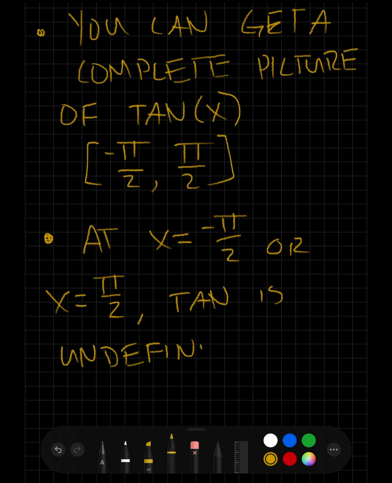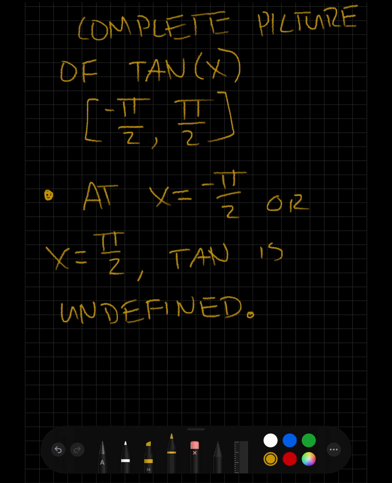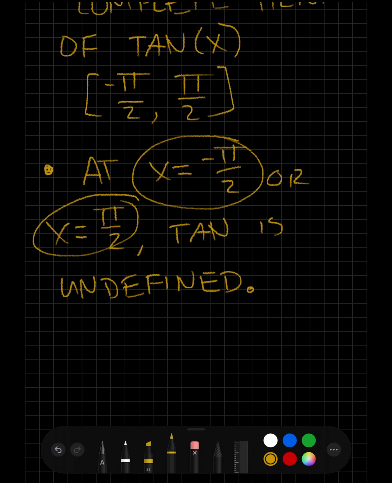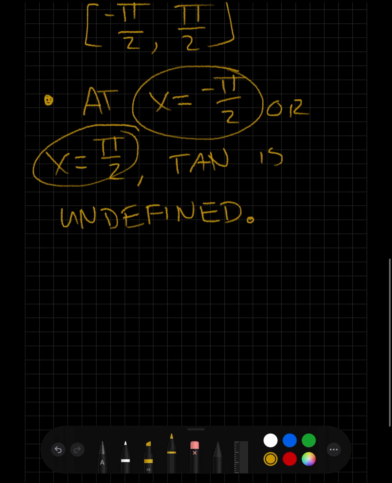But we also know that just like sine and cosine, tangent is periodic. And so what that means is that in addition to repeating values, we have these repeated asymptotes. We have these repeated places where tangent is not defined. So every pi units away from these two asymptotes, you're going to find another asymptote.